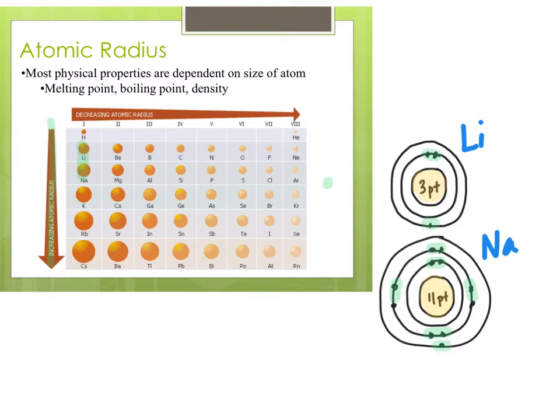So that added third energy level essentially makes the atomic radius larger in sodium, and then we see that same trend as we move down the periodic table in all of these rows. So you can really see the trend in increasing atomic radius as we move down.